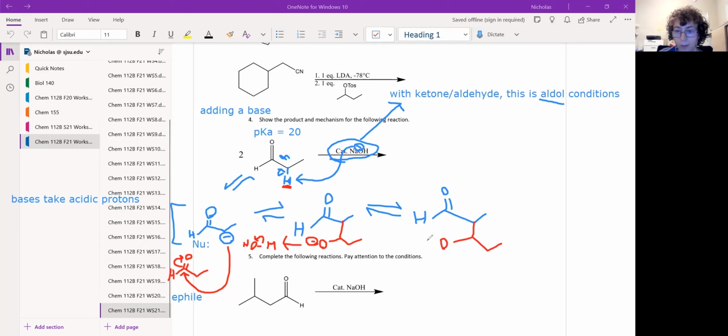And that will lead to an alcohol forming. And then we also formed hydroxide again. So the base catalyst was regenerated.